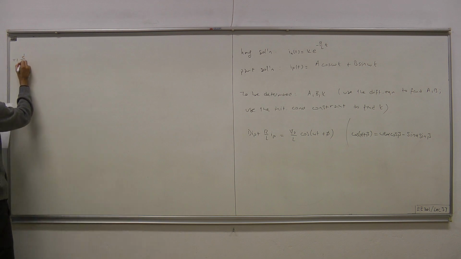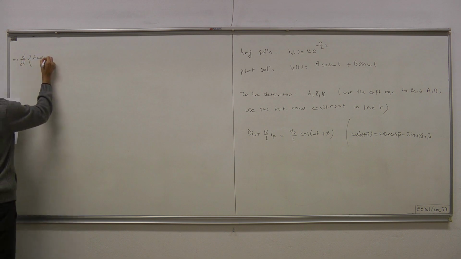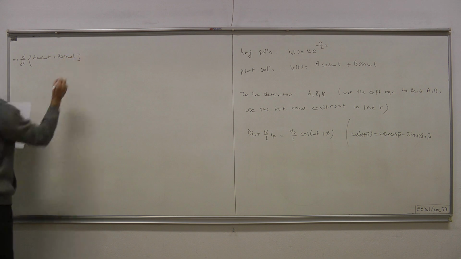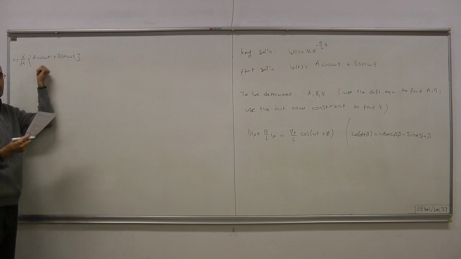d over dt of A cosine omega t plus B sine omega t. This is our particular solution candidate.